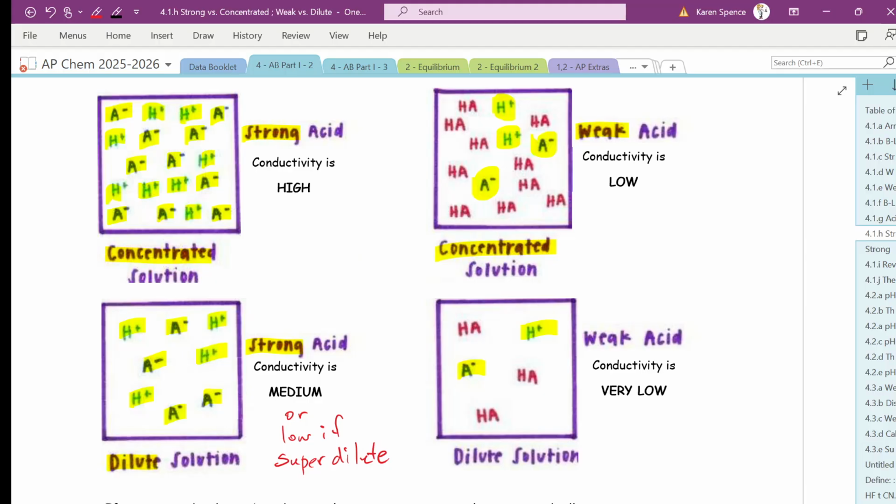Okay. So now we're at 0.0001 molar HCl. Let's give that a go.